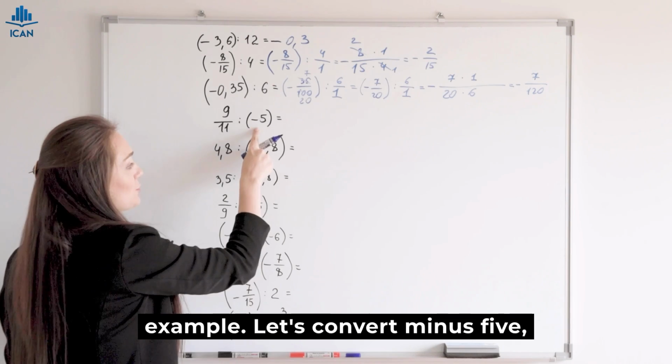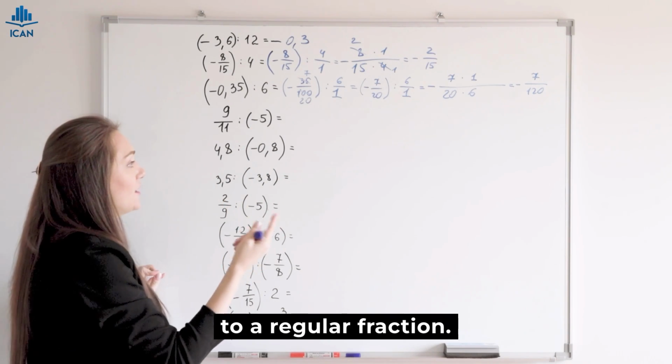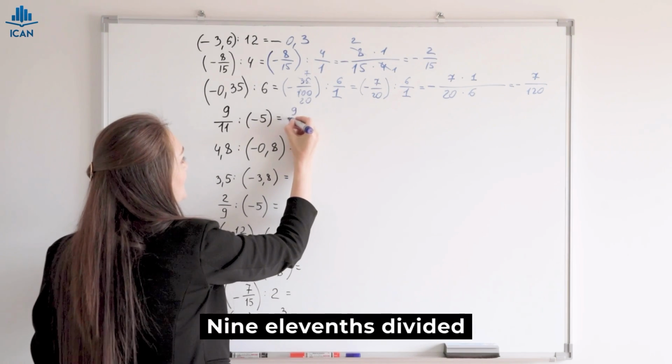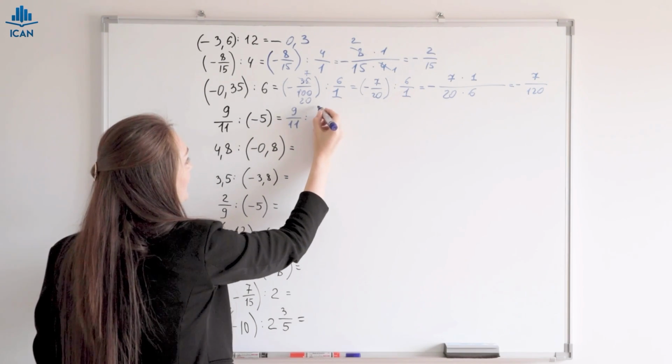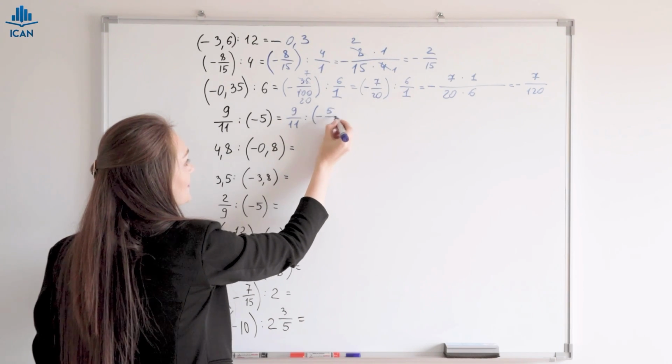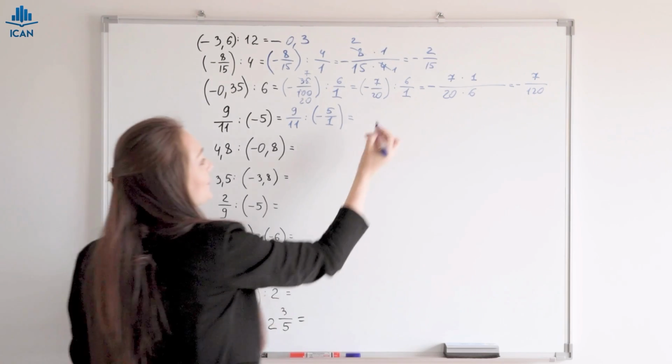Next example, let's convert minus 5, a whole number that's also negative, to a regular fraction. 9/11 divided by minus 5/1. All right.